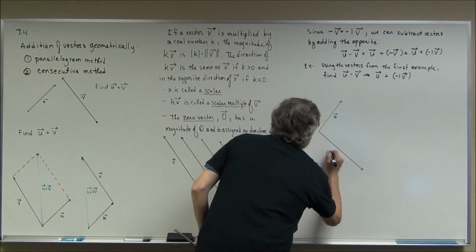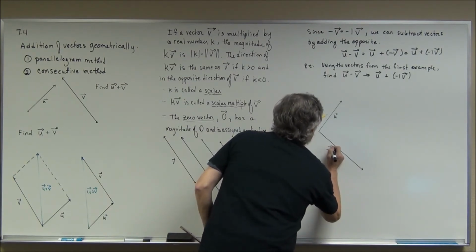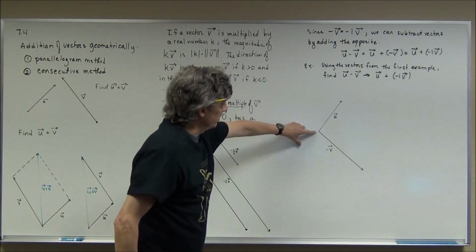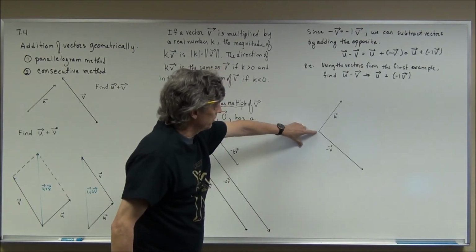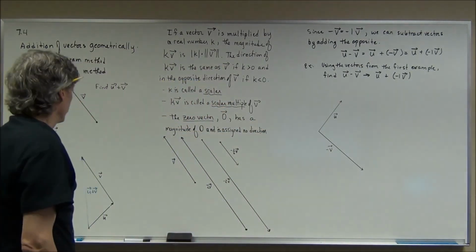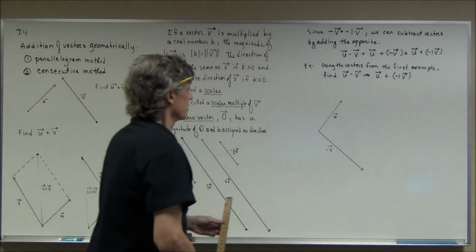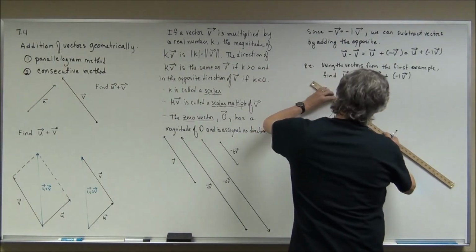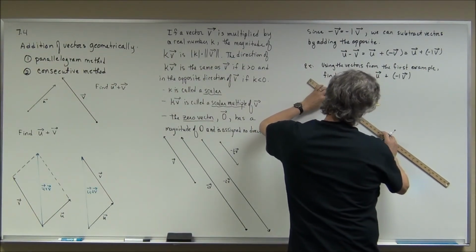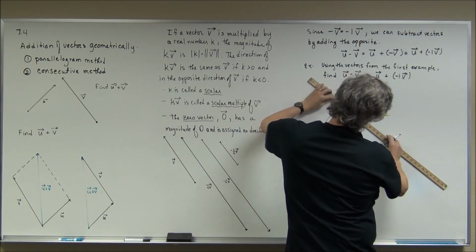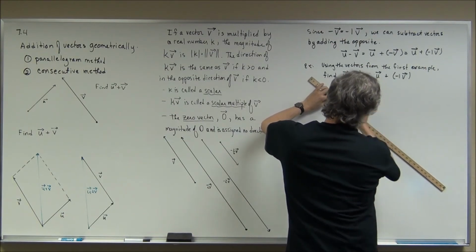If you haven't already noticed this, this is the opposite of vector v. Notice tail to tail, or initial point to initial point. And then from here, I have to complete my parallelogram best I can. There we go.